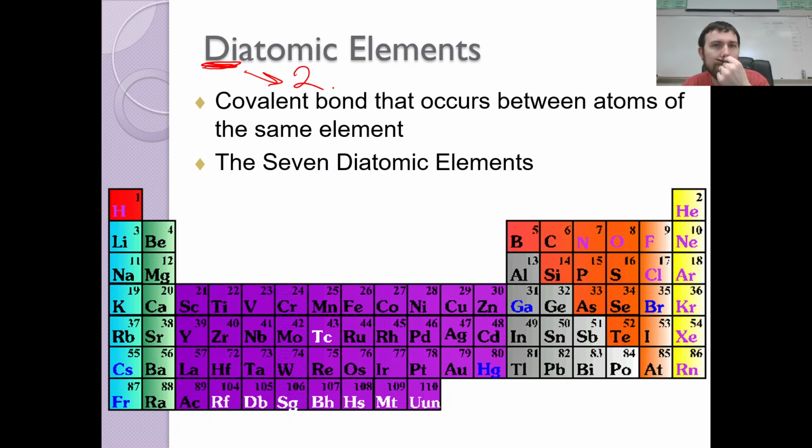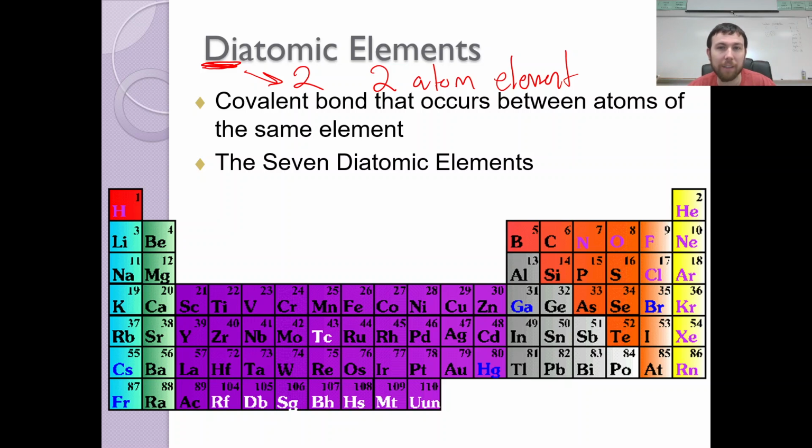And so if you think about this, diatomic, if we look at that prefix di, that means 2, right? So it's a 2-atom element. That's all we're saying when we say diatomic elements, a 2-atom element, okay? Now, on the periodic table, I guess now it's at 118 elements, only 7 of them are found this way.